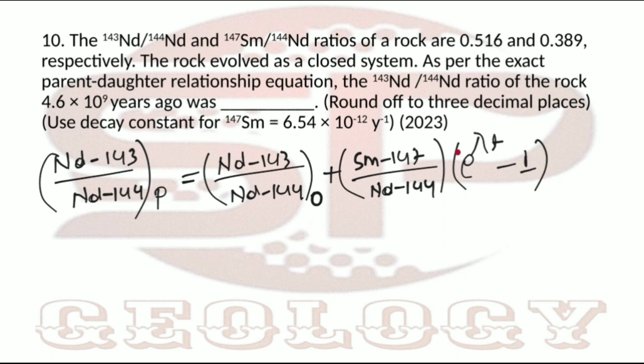Here lambda is given, t is also given. This present ratio is given as 0.516, and this one is given as 0.389.